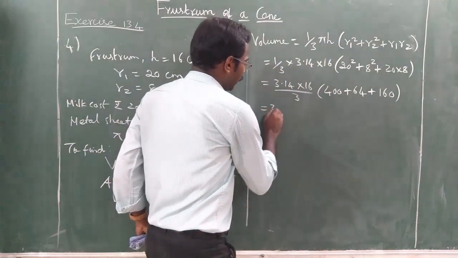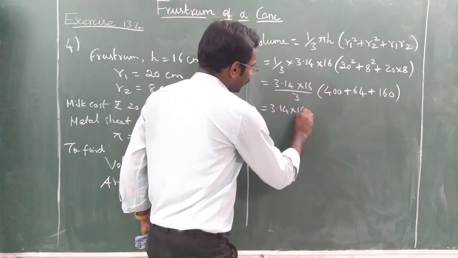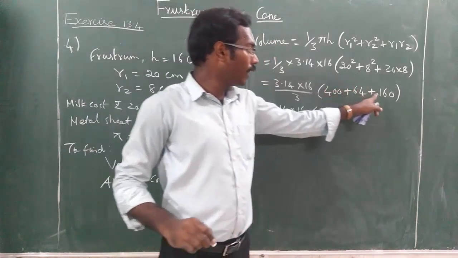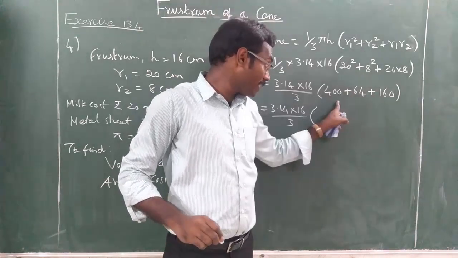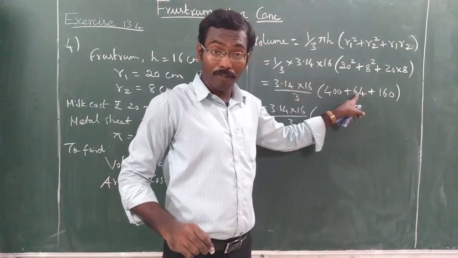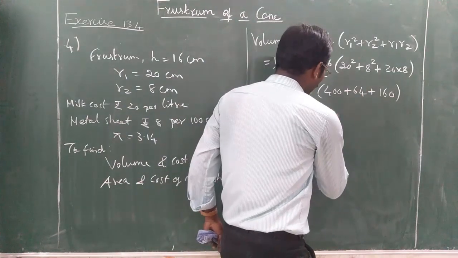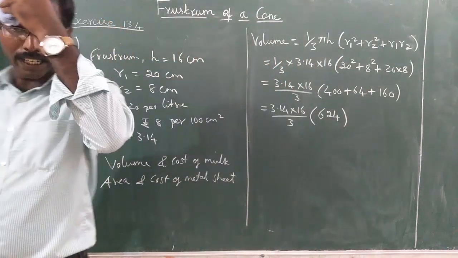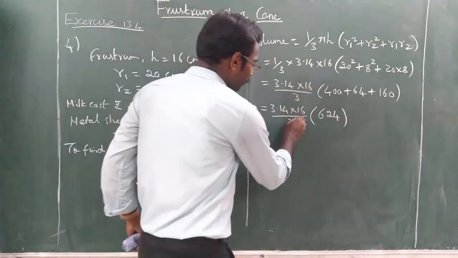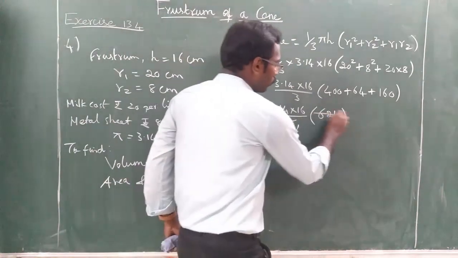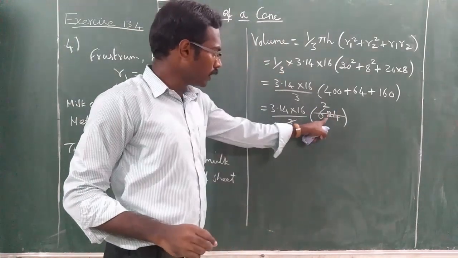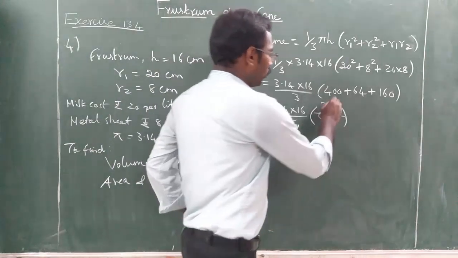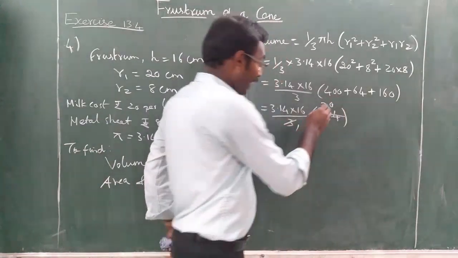So 3.14 into 16 divided by 3 into 400 plus 160, that is 560. 560 plus 64 is 624. So we can cut this in the 3 table. 2 threes are 6. 2 is not divisible by 3. So 0, 2, 4, 24. 24 divided by 3 is 8.